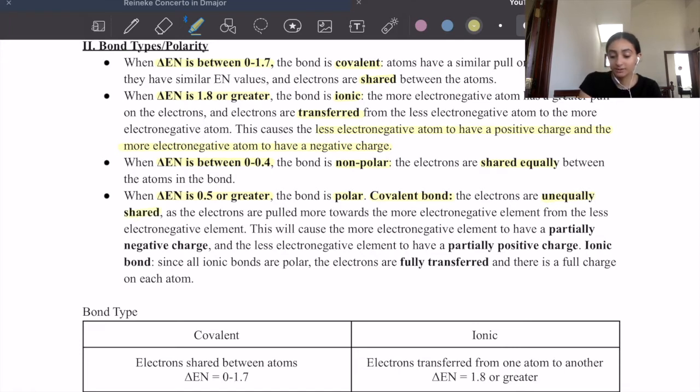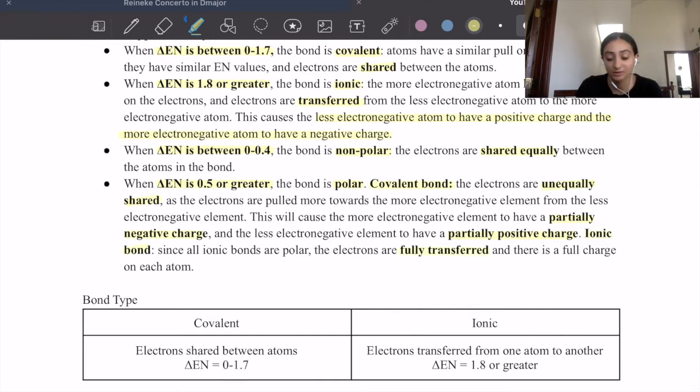So the more electronegative atom will therefore have a partially negative charge, and the less electronegative element will have a partially positive charge because the electron that is being shared will be more pulled towards the more electronegative element. All ionic bonds are polar, so it just means that the electron is fully transferred to the more electronegative atom from the less electronegative atom.